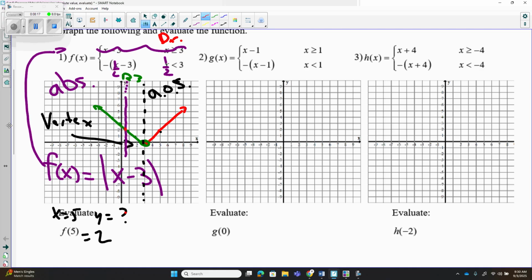Ready to cover this? Actually, good job. Did you get it?